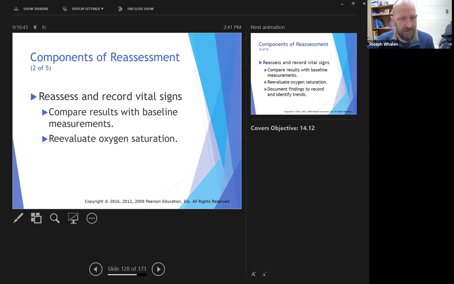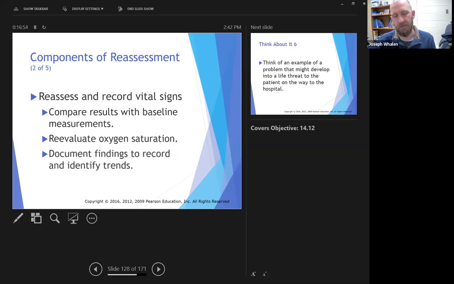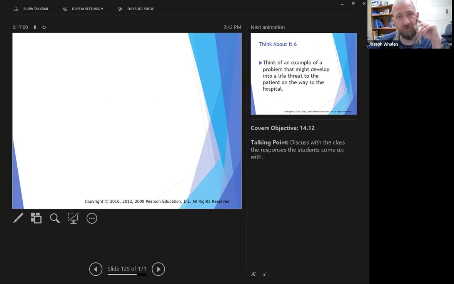If we've given our patient oxygen, we want to see those O2 sats going back up to a more normal range. So we're going to reevaluate oxygen therapy, and then we're going to obviously document all of the vital signs here, so we can show the trending to the definitive help at the hospital.